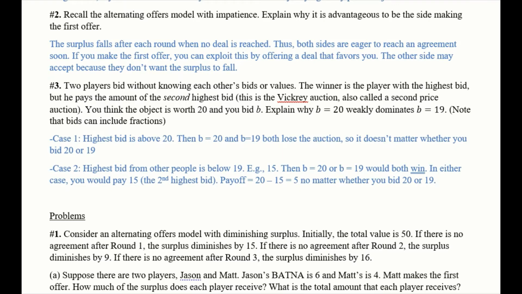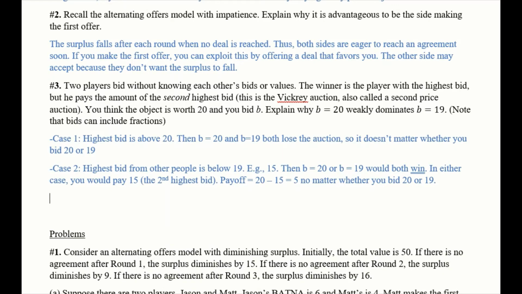However, there is one other case we have not explored yet. Let's talk about case 3. Spoiler alert, in this case, it does matter if you bid 20 or 19. So we talked about when the highest bid is above 20.